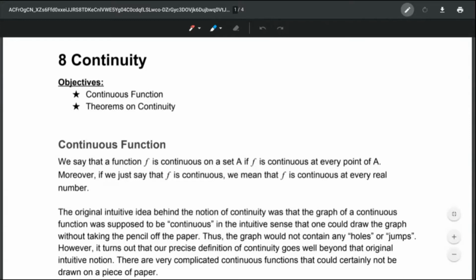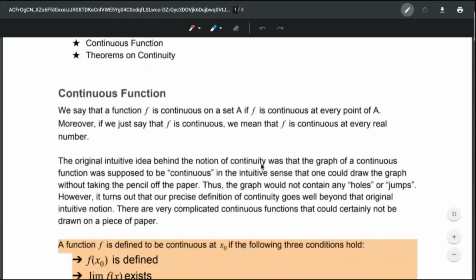So if you simply say f is a continuous function, that means it's continuous everywhere, for every real number there is. There is an intuitive way of talking about what continuity is. Basically, and let me grab a little pen. If you're talking about a function, the easy definition to remember is if you can draw that function without picking up your pen, it's a continuous function.